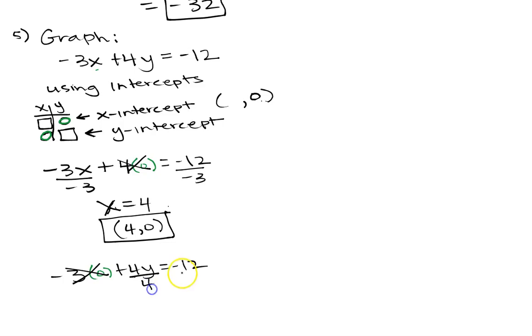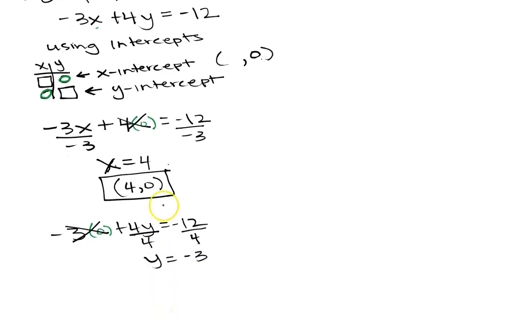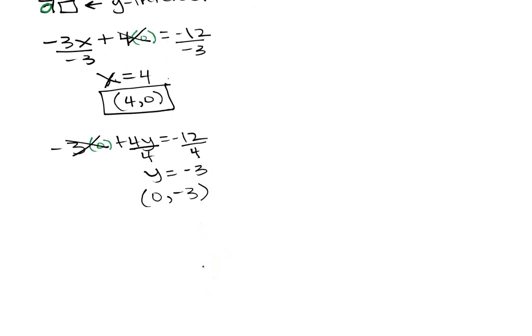And then all I have left to do is divide by 4, so y equals -3. And again, if I write that as an ordered pair, we let x be 0, so 0, -3 is my point on that. Okay, so now if I go and graph it, I'm using these 2 points to graph it.